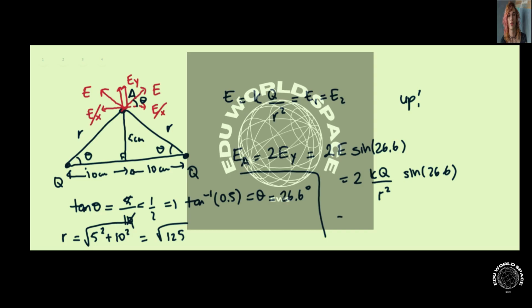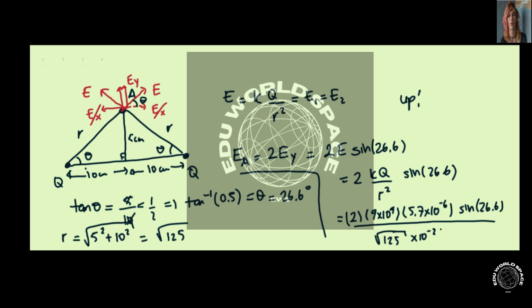Then from here, twice 9 times 10 to the power of 9, times 5.7 times 10 to the power of negative 6 coulombs, times sine of 26.6 over square root of 125 centimeters. Let's convert that to meters.